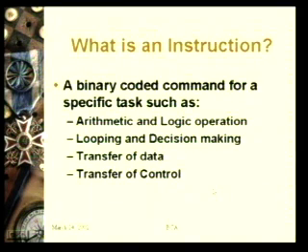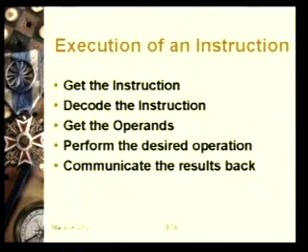Now, all these four operations are quite primitive in nature. That means a computer, which is basically an instruction executor, performs very simple operations, like transfer of data, transfer of control, arithmetic, logic, conditional, looping, those kinds of operations.